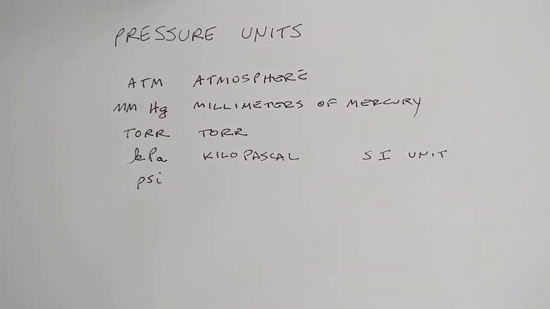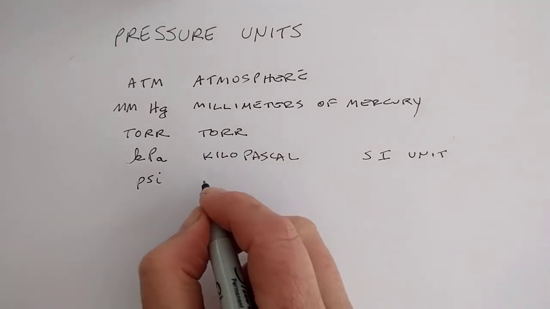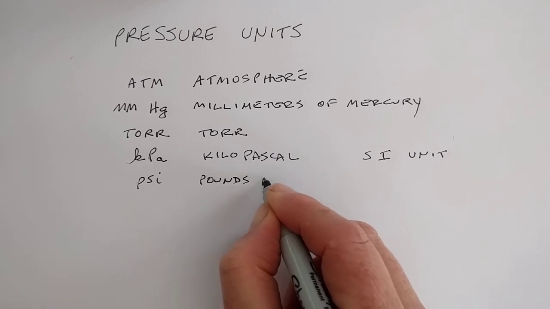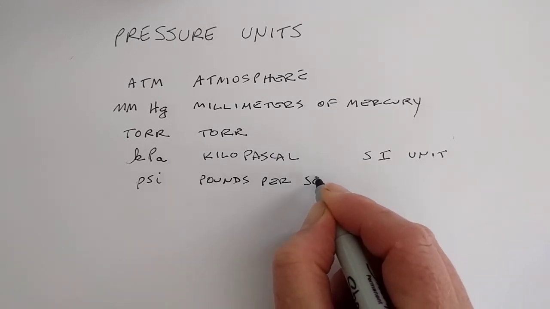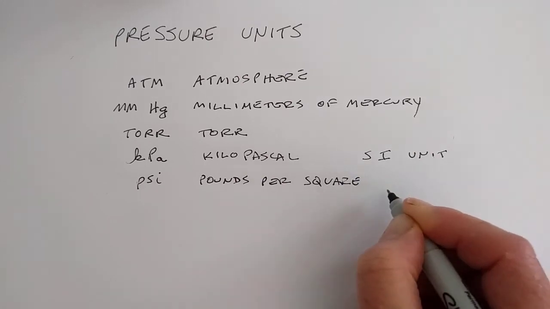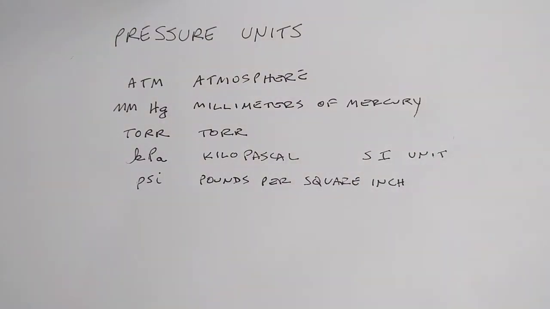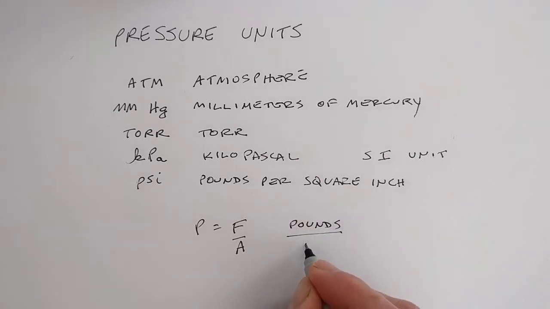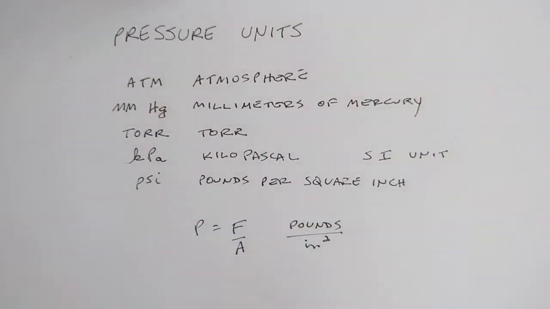This is an English unit, and PSI stands for pounds per square inch. Pressure is force over area, so in this system the force is the pounds, and the area is square inches. So all of these are our units.